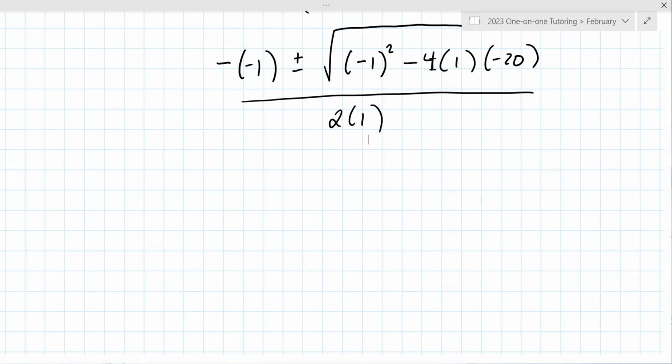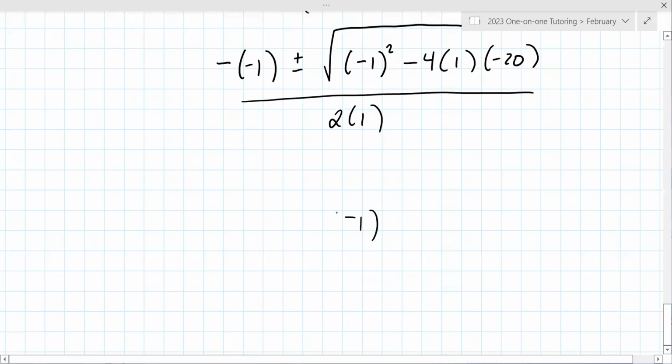So 1 minus 4 times 1 times -20. -25? Nope. Again, if you have a calculator, I would tell you just enter it in exactly like this if you're allowed to.